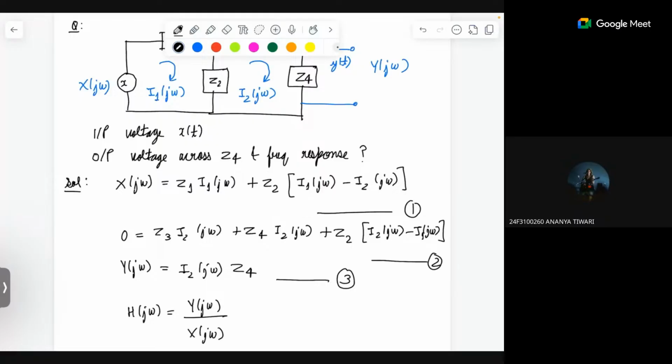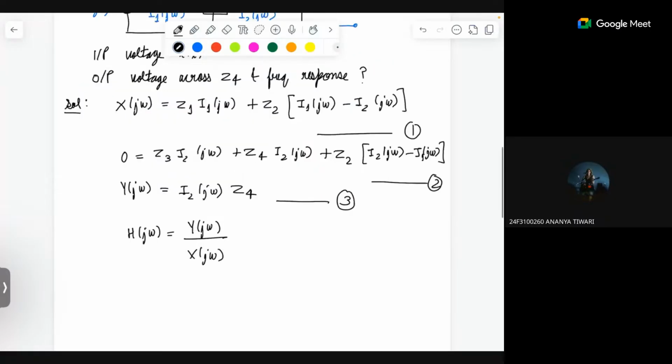Ma'am, this calculation will go too much, so we can write I2 j omega as minus Z2. So what you can do is now from equation 1, write I1 in terms of I2. Then in equation 2, substitute I1. Then you will get everything in terms of I2. Then in third equation, when you substitute I2, you will get a relation in terms of y of j omega and x of j omega.